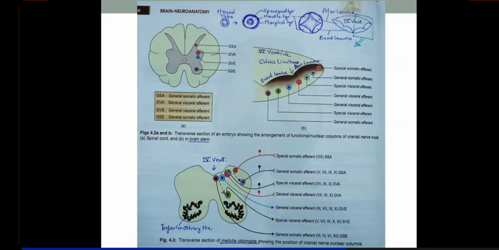It will also cause secretions from the orbit, from the nose, from the pharynx, from the palate, right? So that is one branch, the greater petrosal nerve from the facial nerve.